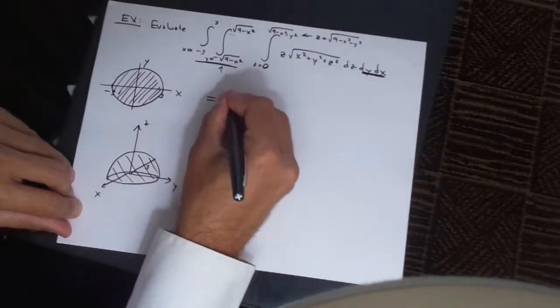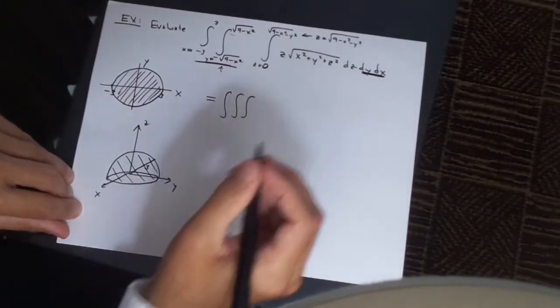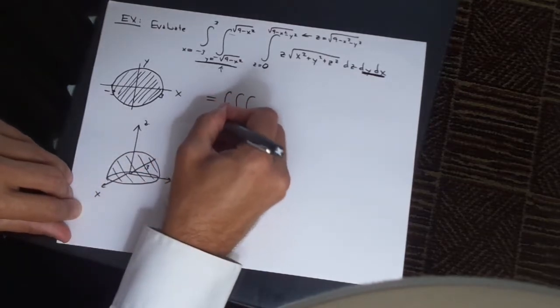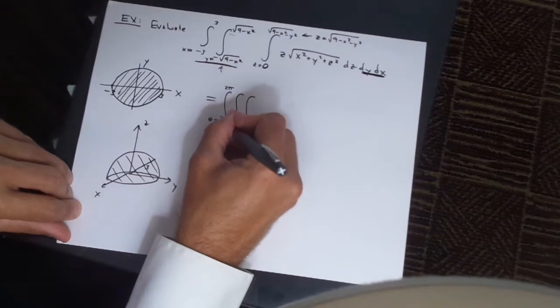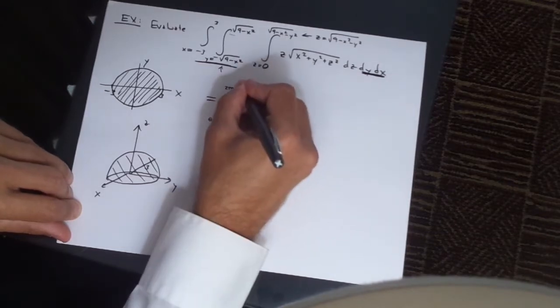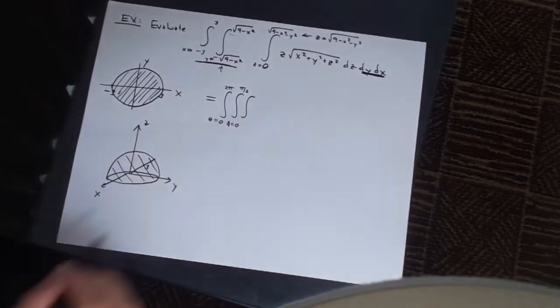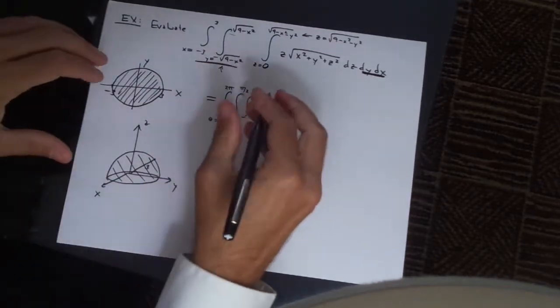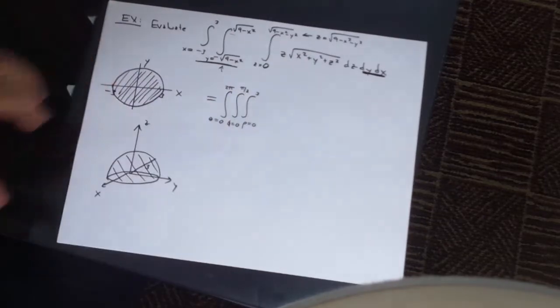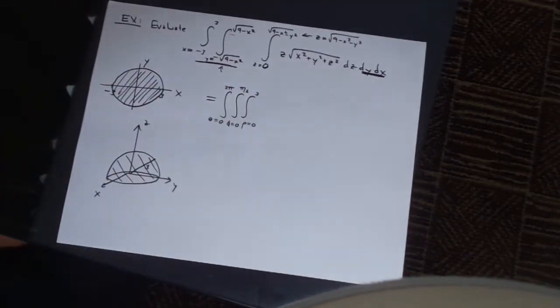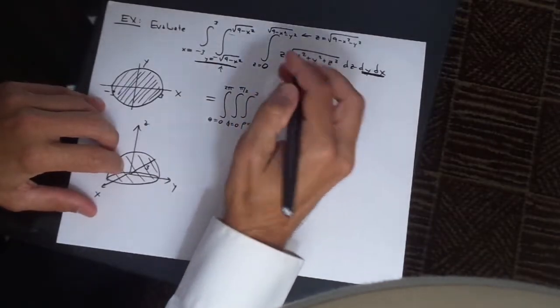So let's convert it into spherical coordinates. This is going to be so much nicer. Theta just goes from 0 to 2 pi. Phi is only going to go from 0 to pi over 2 because we only are looking at the top half of that sphere. And then rho has to go from 0 to 3, which is the radius of this hemisphere. Okay, then I need to replace the integrand.